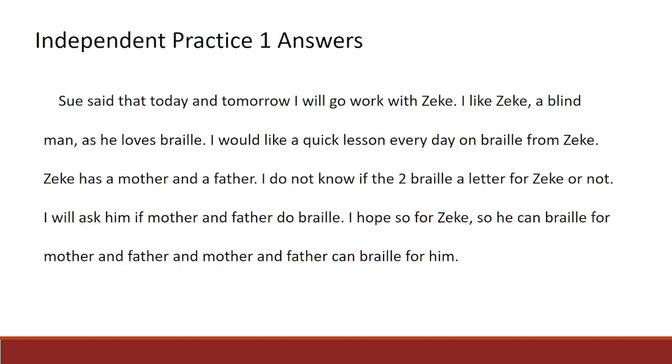Zeke has a mother and a father, period. I do not know if the two Braille a letter for Zeke or not, period. I will ask him if mother and father do Braille, period. I hope so for Zeke, comma, so he can Braille for mother and father can Braille for him, period.